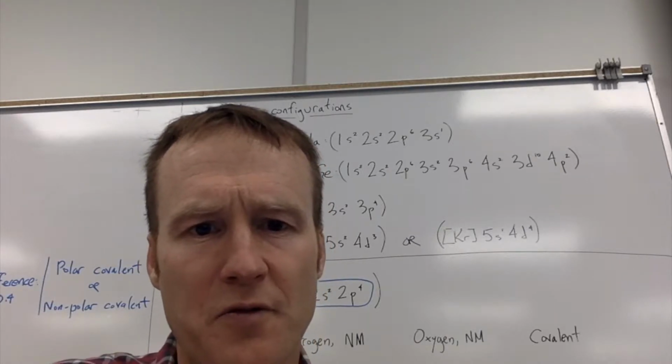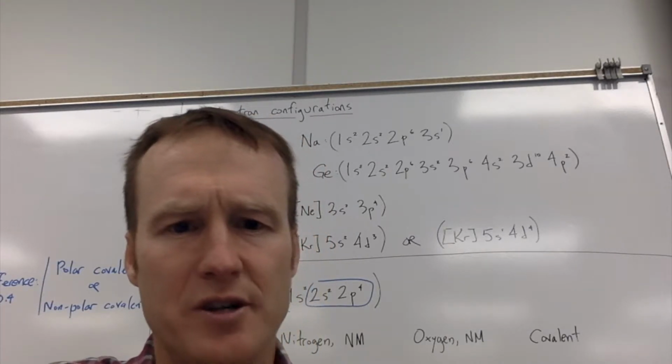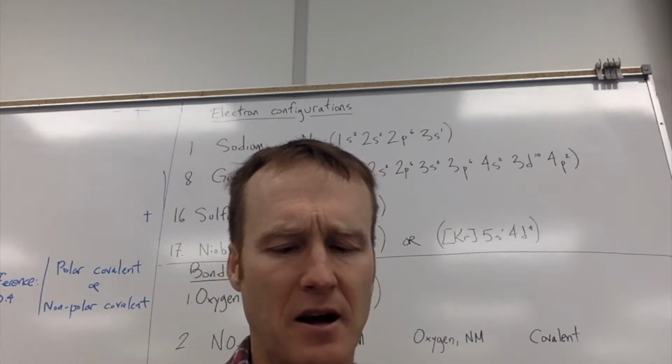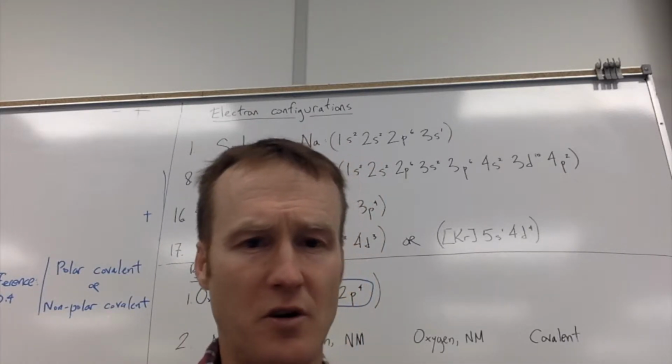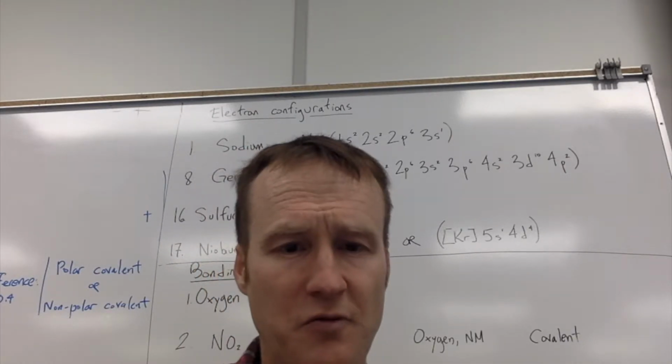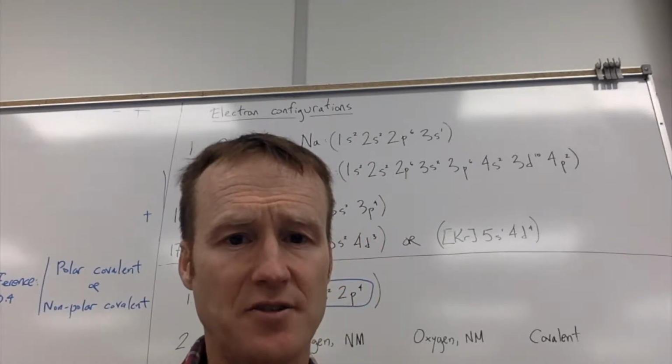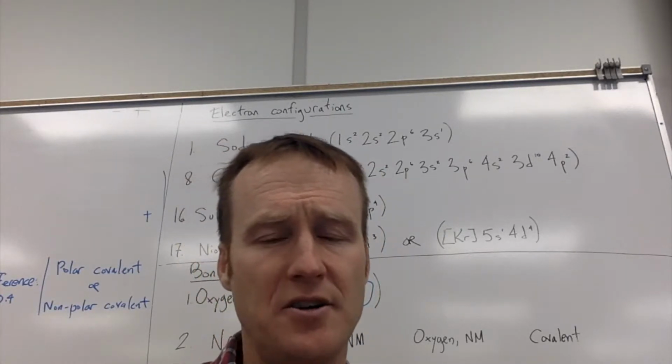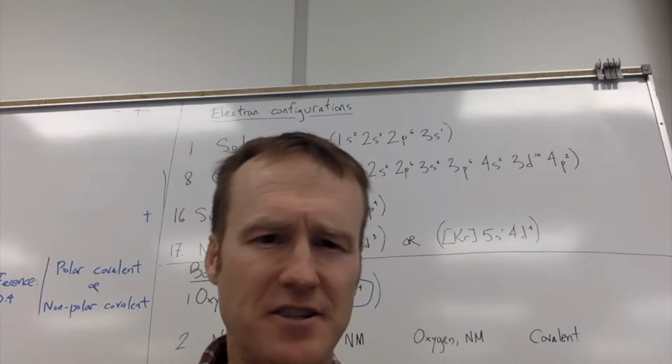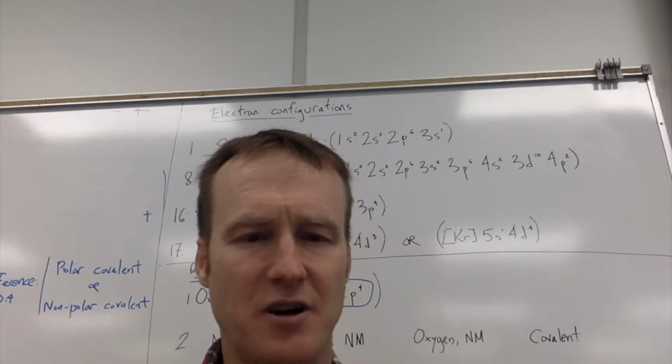You do find, though, for transition metals, there are some weird little exceptions where a more stable configuration for the d block elements is often to fill d shells up to half full or full, and kind of steal away from some of your 5s electrons that you already added.